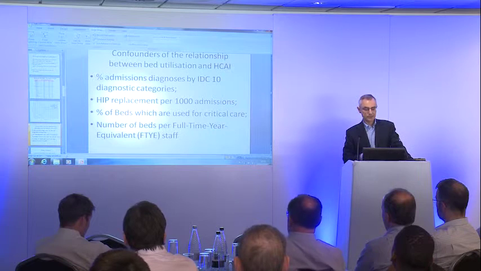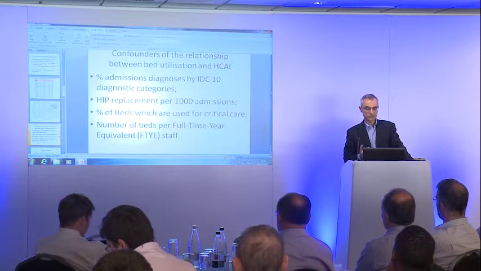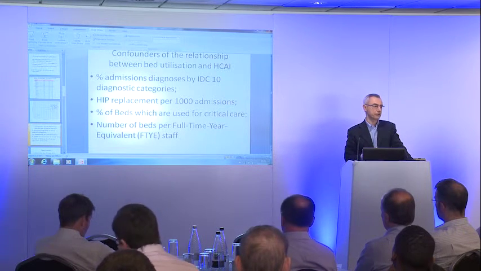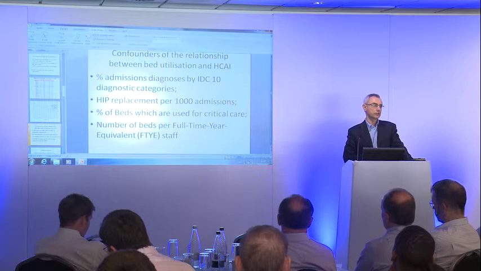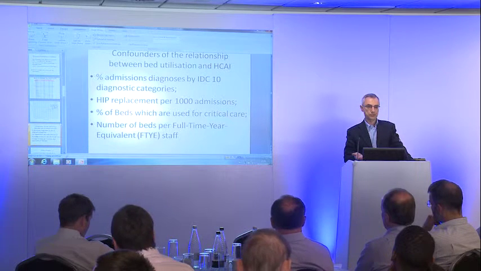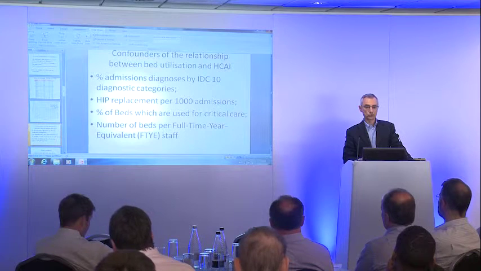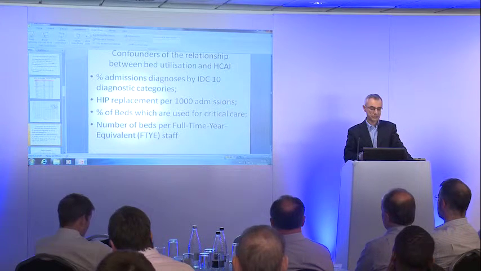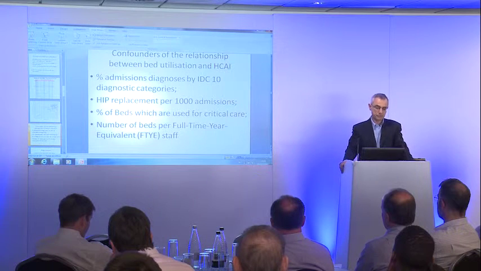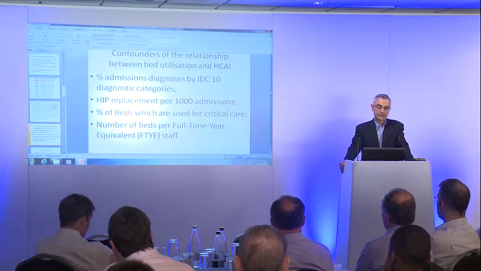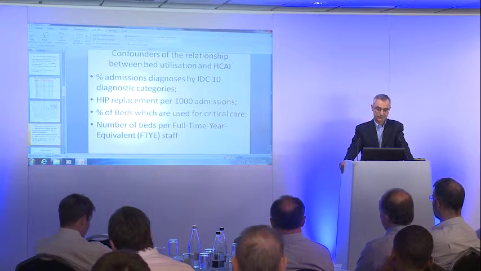If the patient stays there because he's a frail patient, he will automatically be more subject to hospital-acquired infection, but also to a longer length of stay. So it's important to control for patient mix. This is usually done by the percent of admissions diagnosed by ICD-10 categories.